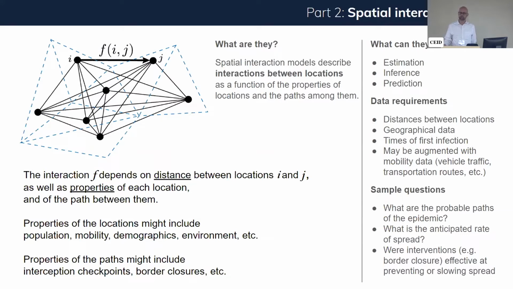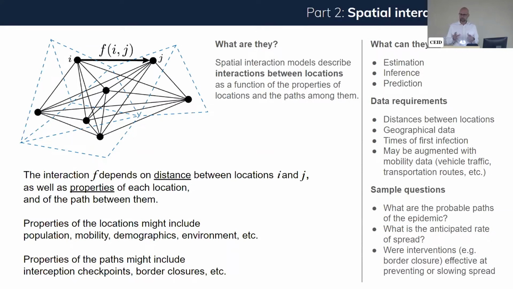Spatial interaction models, by contrast, think about locations in space as having their own properties. They're amplifying or not amplifying based on properties of that location: the host species and vector species that are present, the times of the year that they're present, this kind of thing. And then we think that there's a redistribution kernel, which has to do with the propensity for movement from one location to another.